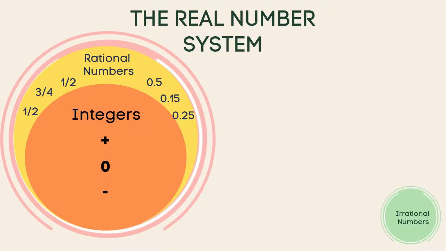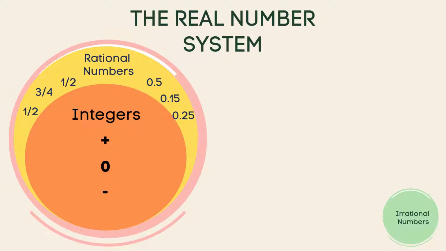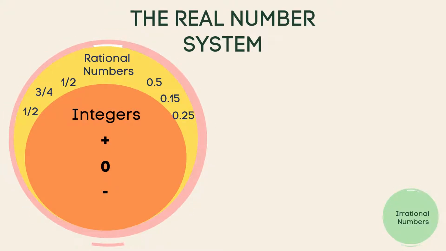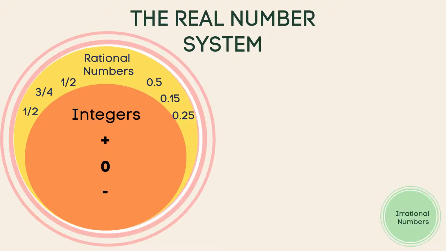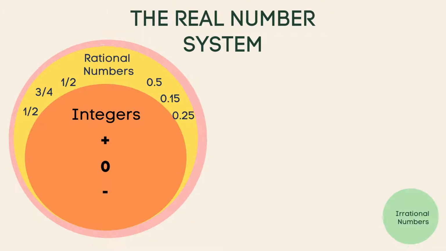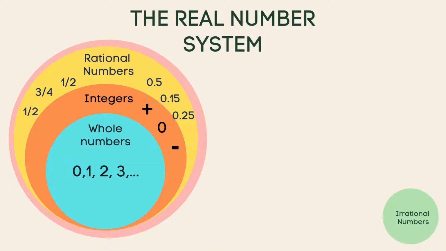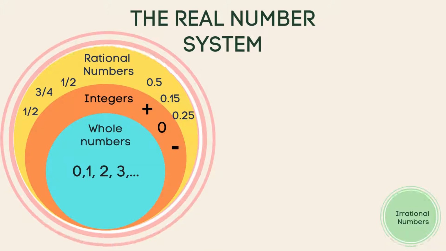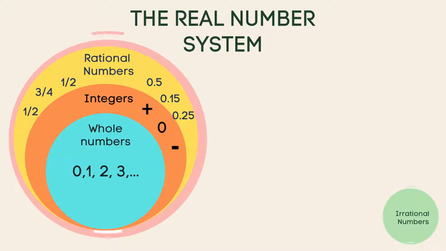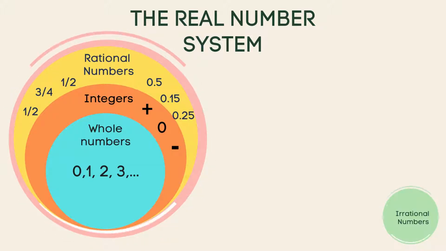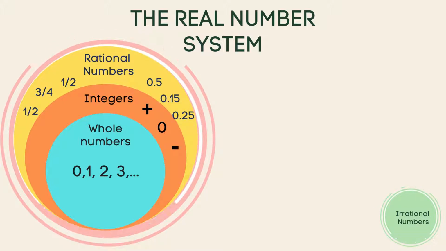Integers include your positive numbers, zero, and negative integers. And under these integers, one subset is your whole numbers. Always take note that whole numbers start with 0. Negative integers are not included in the set of whole numbers.